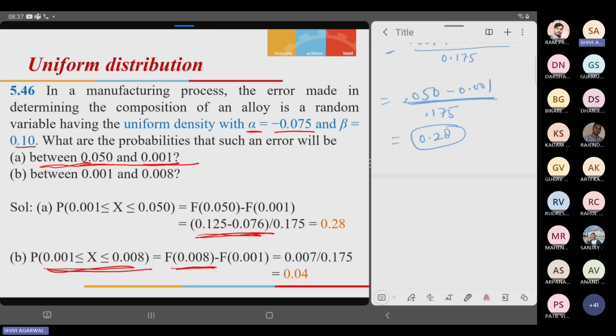That's why we are avoiding it. If the question says you have to use the PDF or CDF, then you can use that directly.